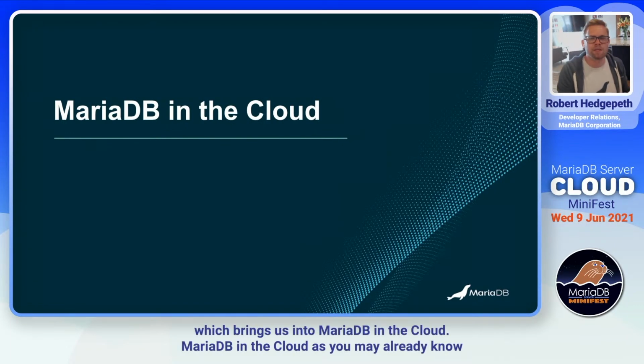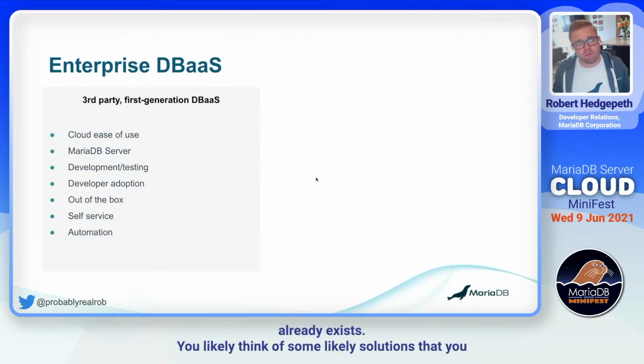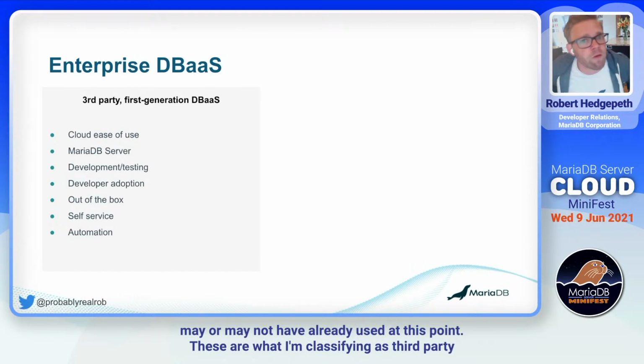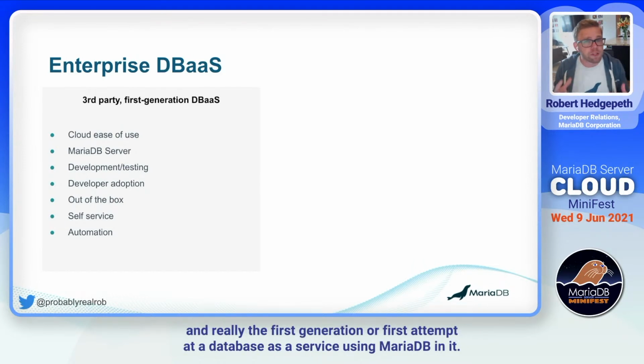Which brings us into MariaDB in the cloud. Now, MariaDB in the cloud, as you may already know, already exists, right? And you likely think of some solutions that you may or may not have already used at this point. These are what I'm classifying as third-party and really the first generation or first attempt at a database as a service using MariaDB.